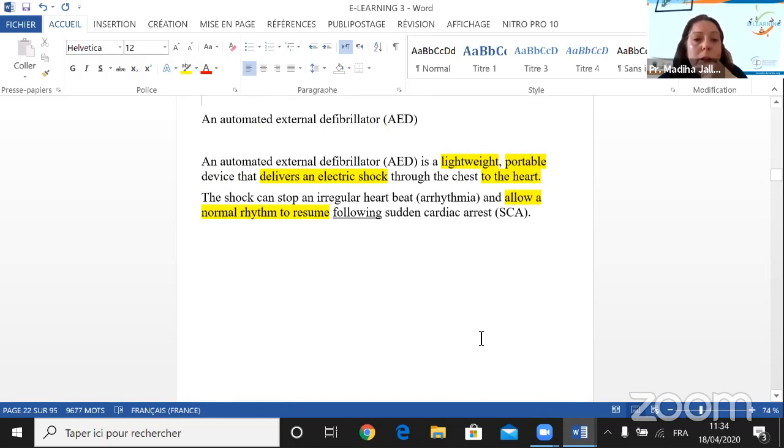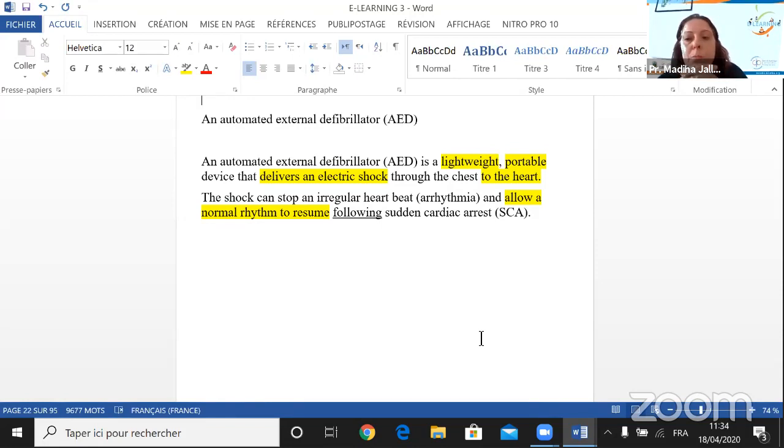The AED is a lightweight and portable one. It delivers electric shock to the heart, and of course, to allow a normal heart rhythm to resume. This device delivers electric shock to the heart in order to allow the normal heart rhythm to resume.